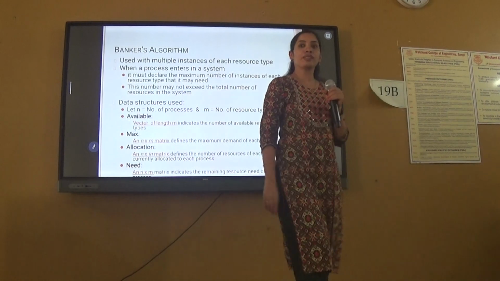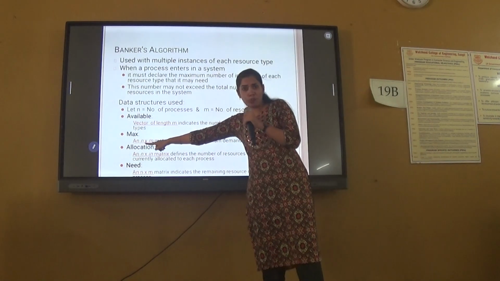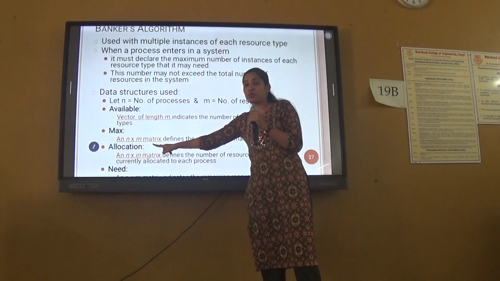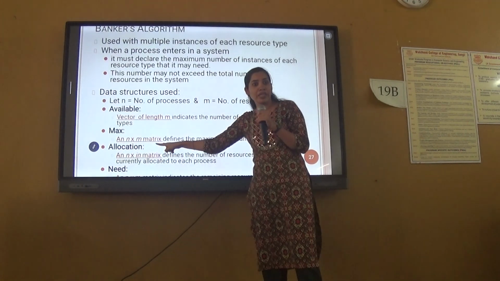Max defines, for n processes, how many resources of each type they may demand. Process P0 is holding 2 resources.